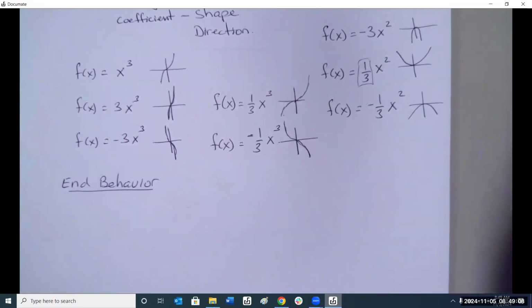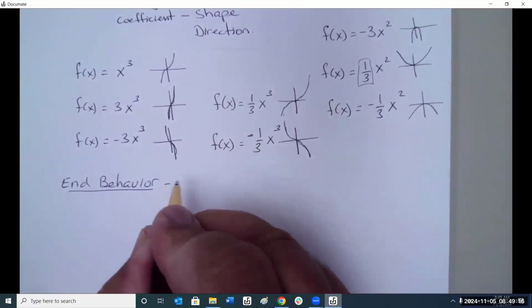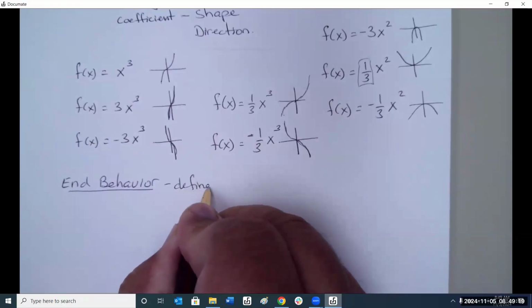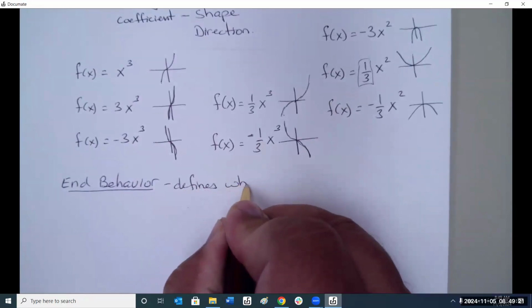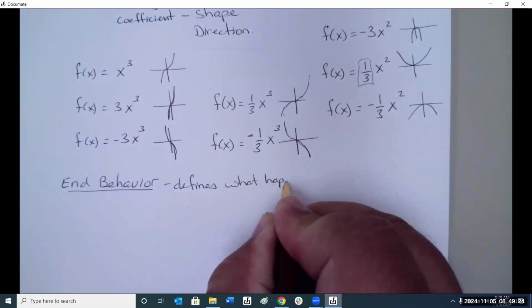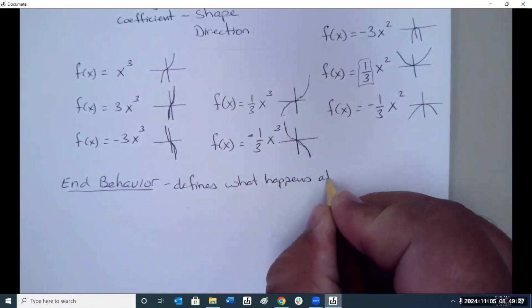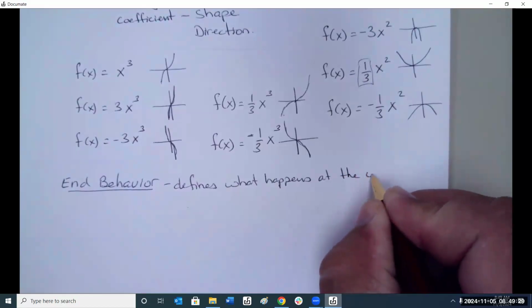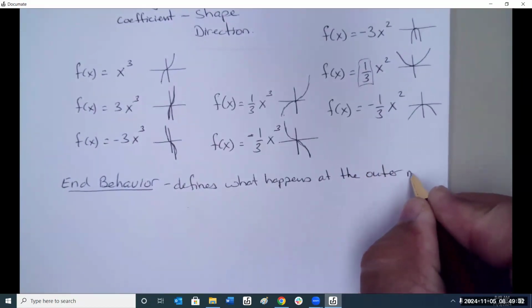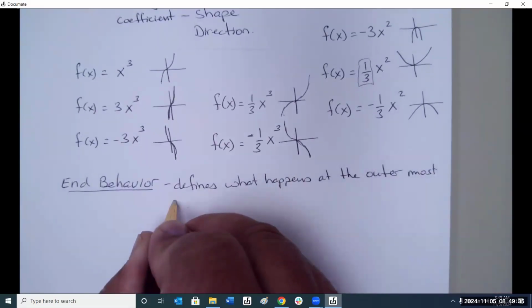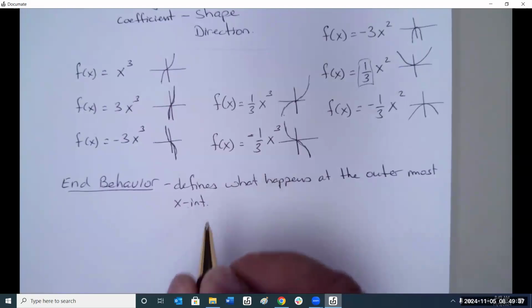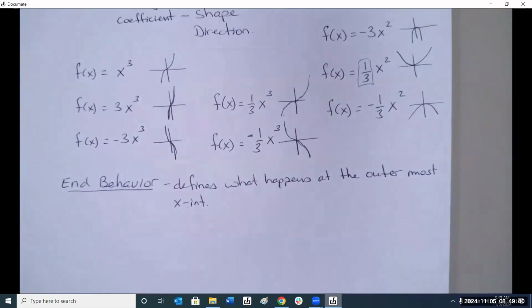The end behavior defines what happens at the outermost x-intercepts. The outermost x-intercepts are the solutions. And there are four things that can happen.